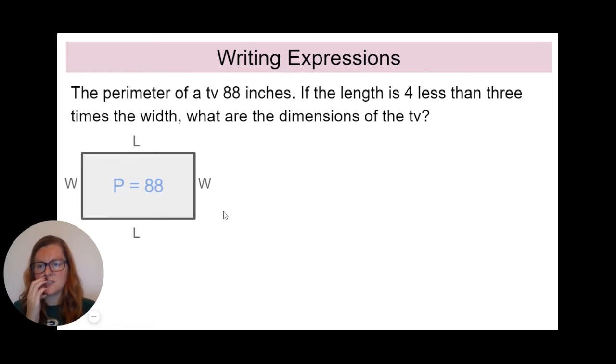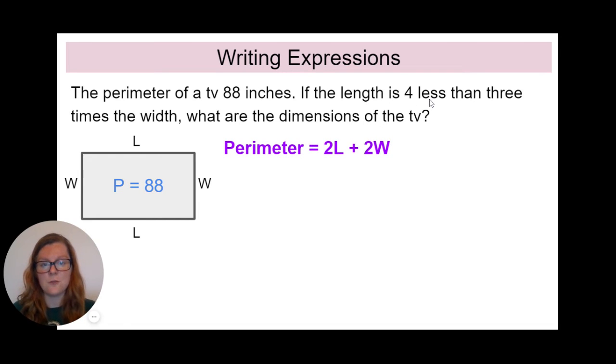So we know the perimeter is 88 inches. So I'm going to go ahead and label the length and the width on my rectangle and say that when I add up all those sides, it better equal 88. Now they tell us something about the length. It says the length is 4 less than 3 times the width.